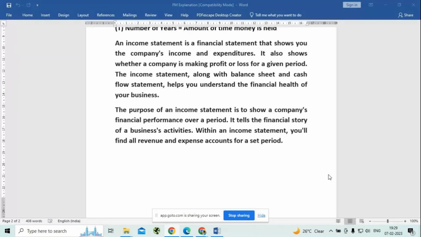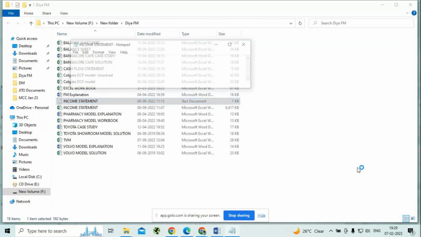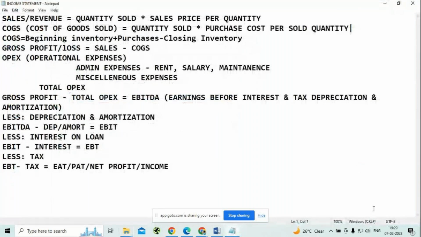Okay, so let us see what things we are supposed to consider when we prepare the income statement. This is an overview of an income statement. When you prepare it, the first line item, the first consideration, is the sales or revenue earned for that particular period.